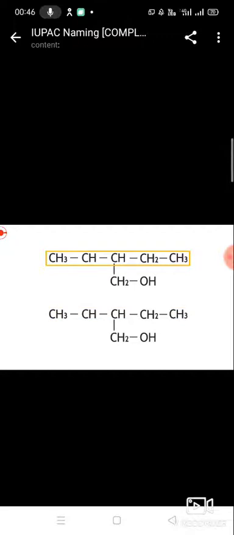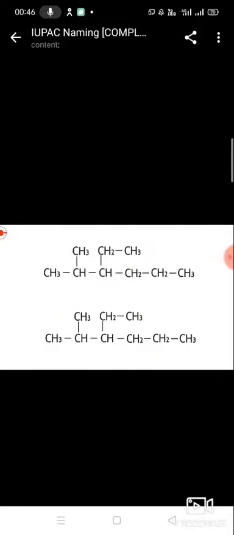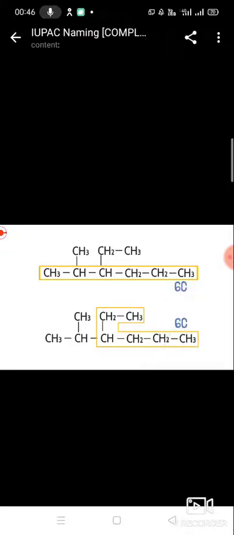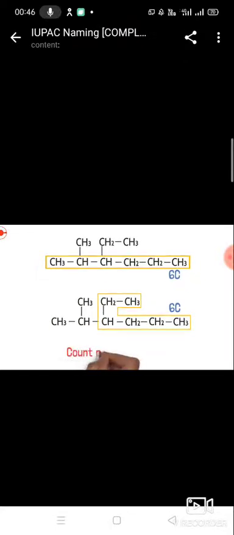Next, if it contains a functional group, we have to select the chain to which the functional group is attached as the main chain. So here this 4 carbon chain contains the alcohol attachment group. In such a way, how will you select? If you remove the bends, you can say that is the main number of carbon atoms in a straight line.